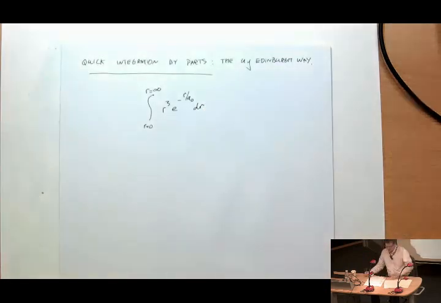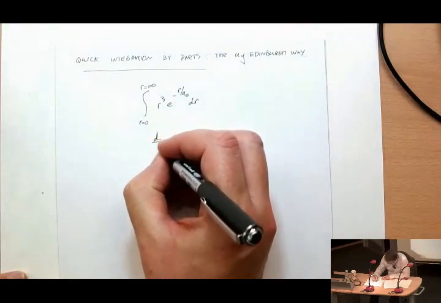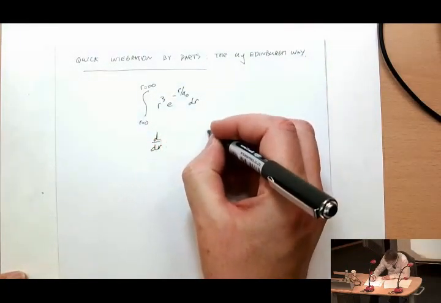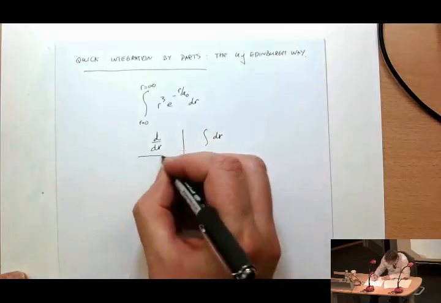Okay, so it looks simple enough, and you're probably all thinking, oh dear God, I'm going to have to figure out which one is which and do it multiple times, because I'm going to keep ending up with another integral. So I'm going to make two columns. I'm going to call one d by dr, and one the integral dr. Just shorthands.